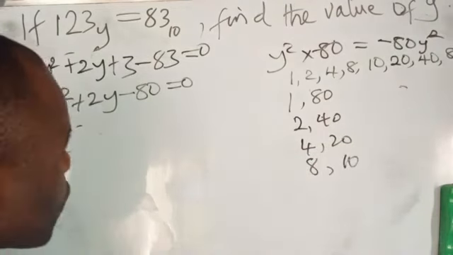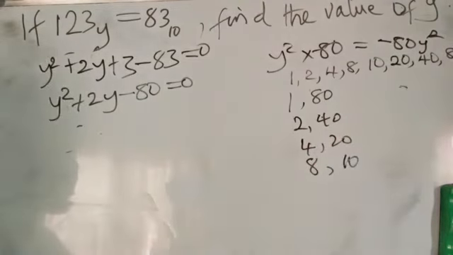You see? So now, among these pairs, which one are you going to use? The pair that you're going to use is a pair that, if you multiply it, will give you this 80.